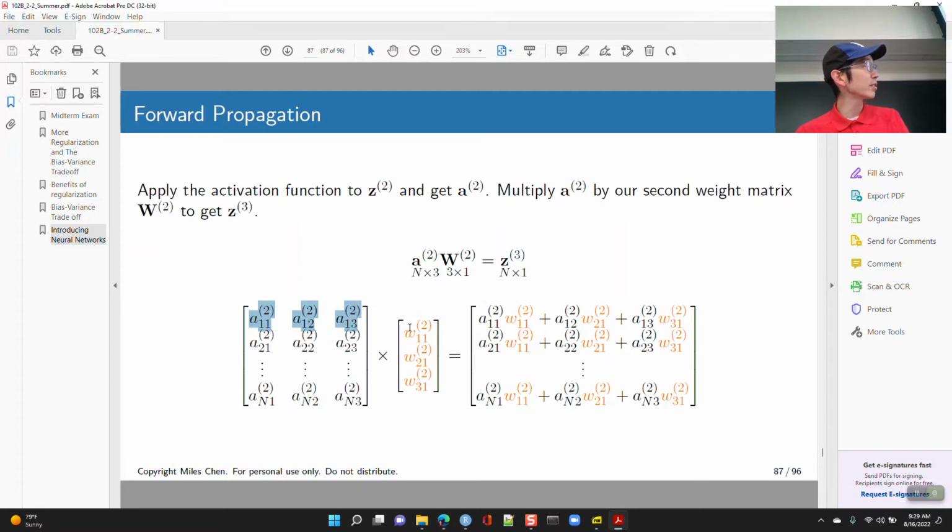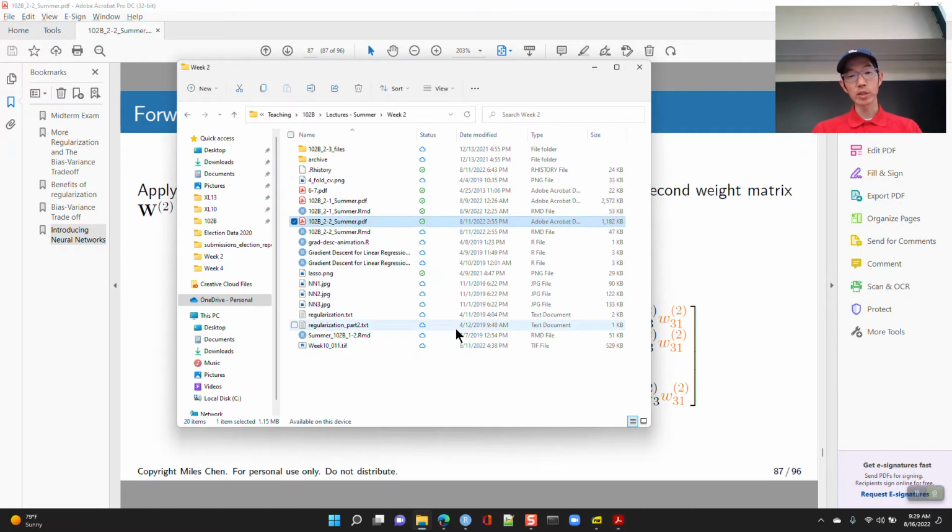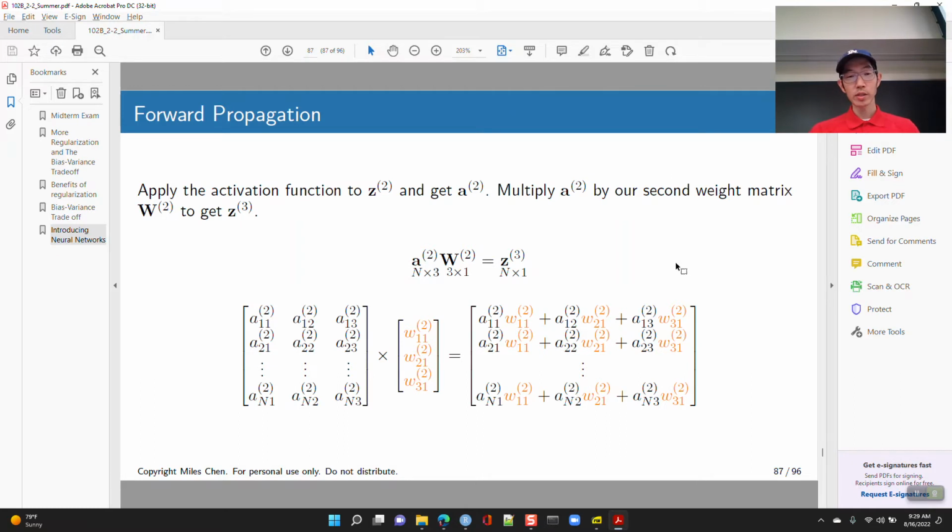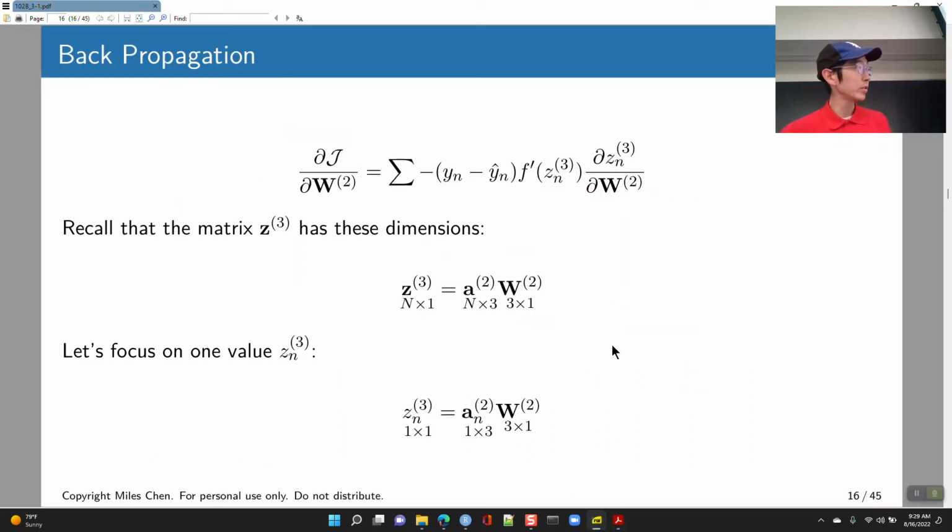This first value times this first column results in just this one scalar value. This will be Z sub 1. Or we could just say, let's look at only the second row, and that will result in only the second row here. But that's what we're going to do, and that will make our lives a tiny bit easier by only focusing on one row.